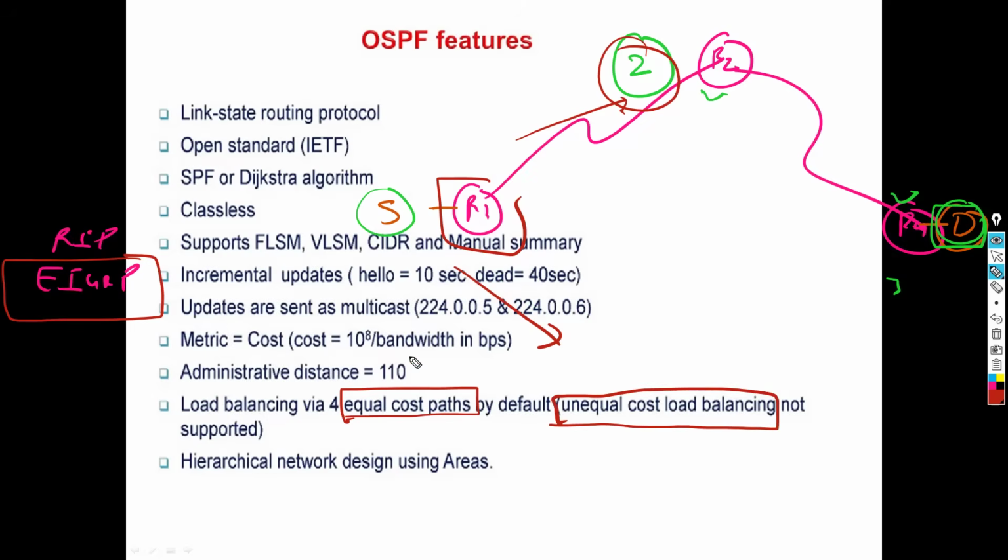So both equal cost and unequal cost load balancing options we can use in the EIGRP protocol. But RIP and OSPF only support equal cost load balancing. Clear now this point? Okay.